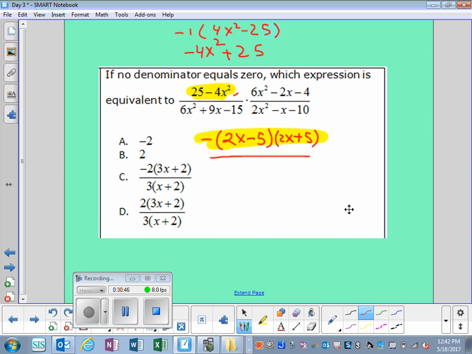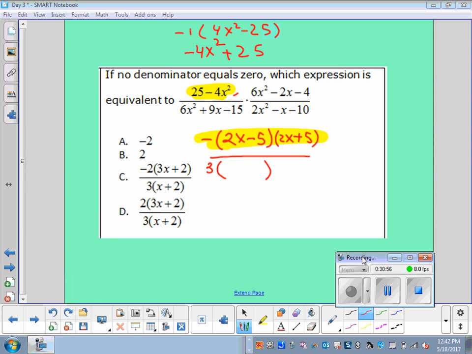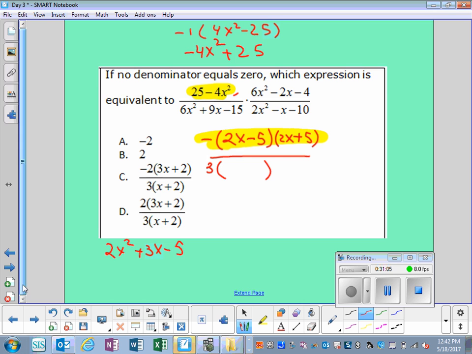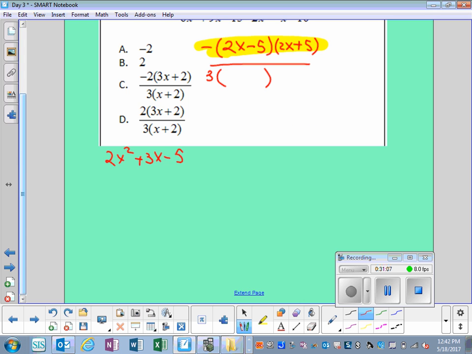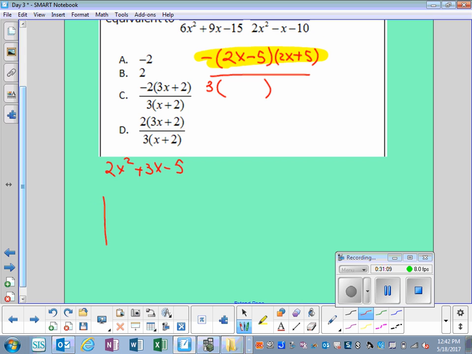So 6x squared plus 9x minus 15. What is my GCF first? 3. So 3 comes out. After 3 came out, what I'll have is 2x squared plus 3x minus 5. Agree? Since this is a trinomial, I need to do a T-chart. So my m is 2 times -5, -10.